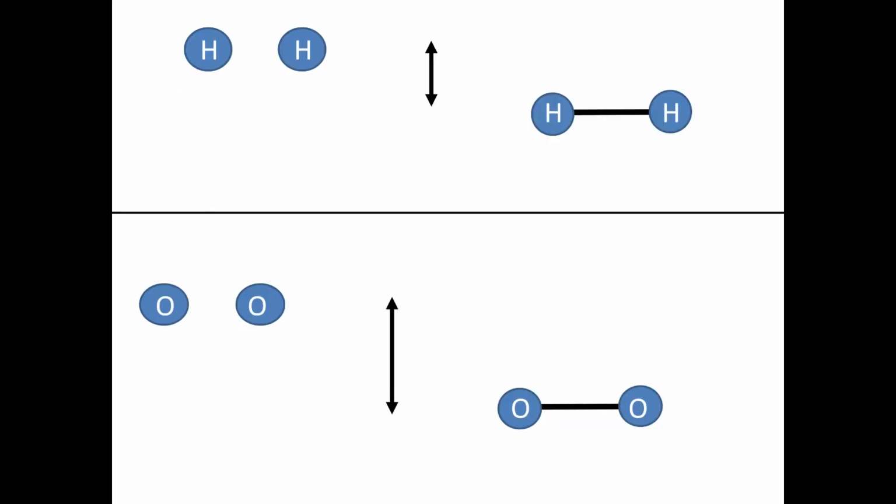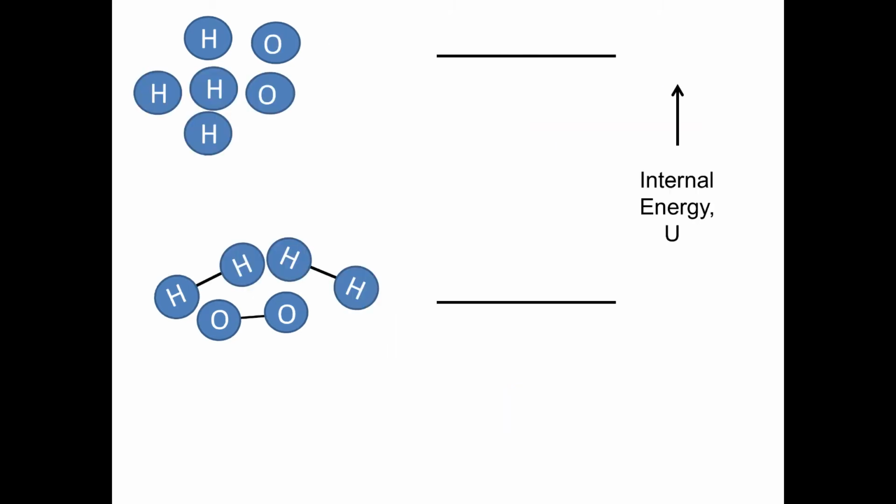Here's just an illustration. If you have two separated hydrogen atoms, and we have a scale of internal energy on the y-axis, H2 is lower in energy than two H's, and O2 is even lower in energy than two O's. That's mainly because oxygens have bigger positive nuclei that attract the electrons involved in the bond more strongly.